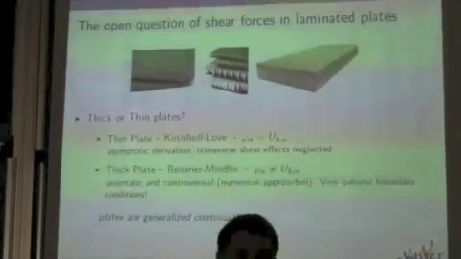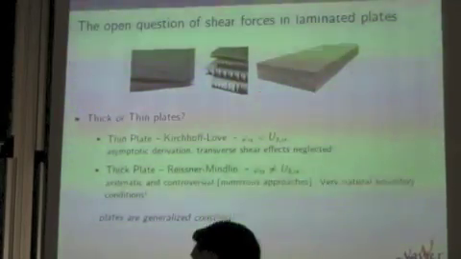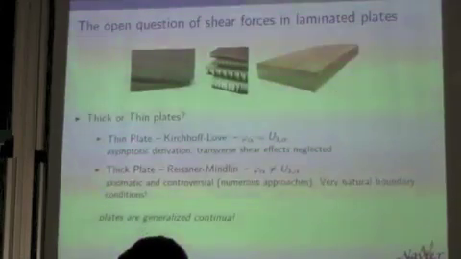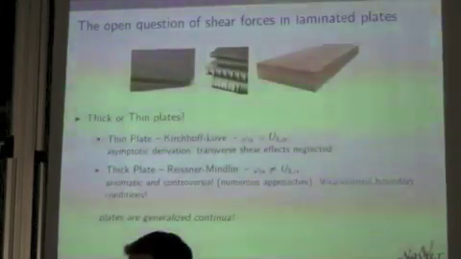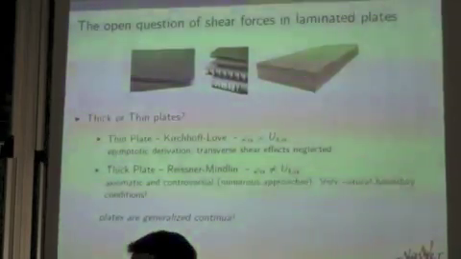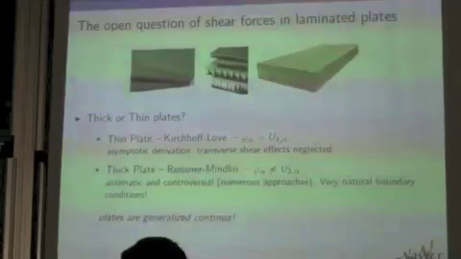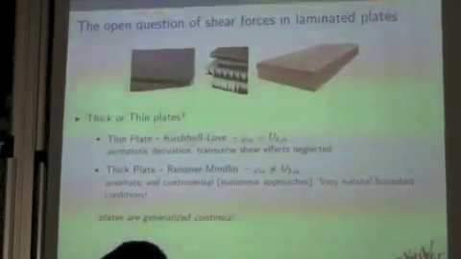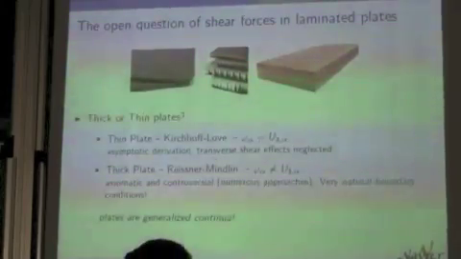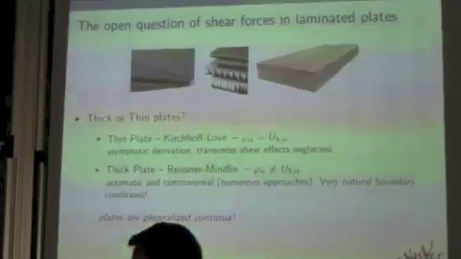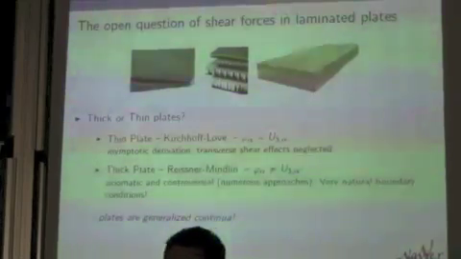Since there are numerous ways of deriving a Reissner-Mindlin plate model, you see that this model is kind of controversial. There are many papers trying to derive constitutive equations for this model. It turns out that engineers prefer this model because it has very natural boundary conditions.